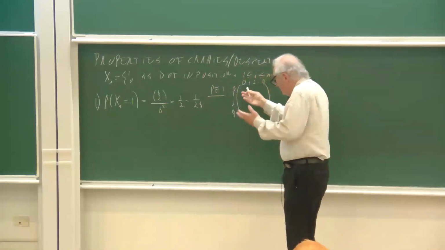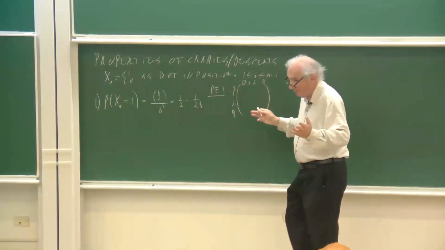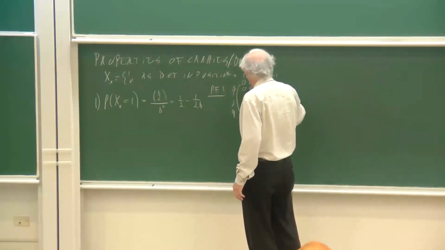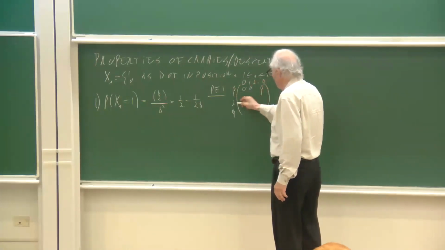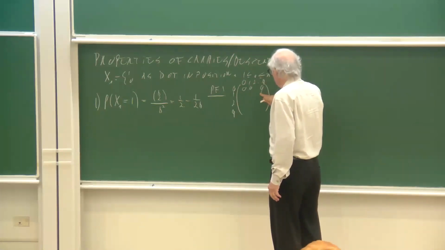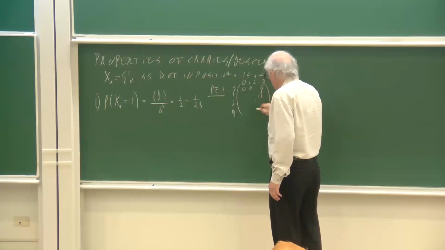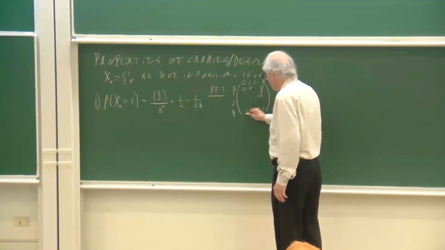Let's just do it by brute force. If I add 0 to anything, I don't get a carry. If I add 1, I only get a carry if I add it to 9. If I add 2, I get a carry if I add it to 9 or 8. So this is a 1 here, and then it's a 1 here. If I add 9, I get a carry if I add it to anything except 0.